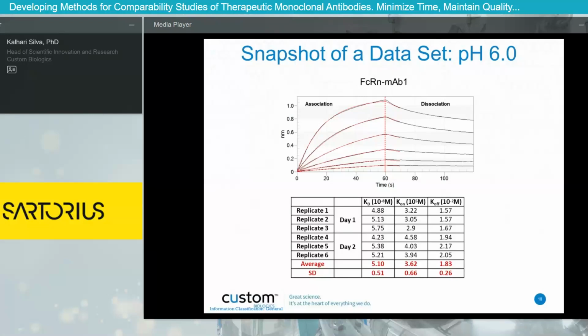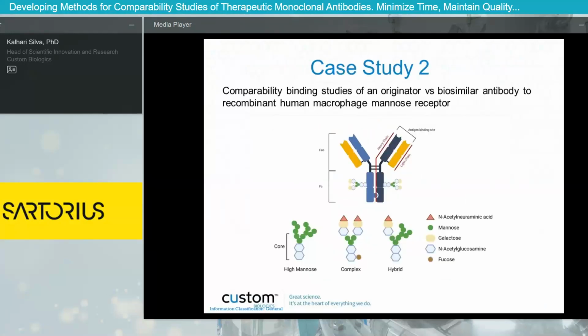The rate constants have been great thus far. They have been very, very reproducible and within range to what we observed back in 2019. So this suggests the establishment of a reliable and robust BLI method to evaluate the Fc binding studies at Custom Biologics. So with the conclusion of case study 1, now we proceed to case study 2.